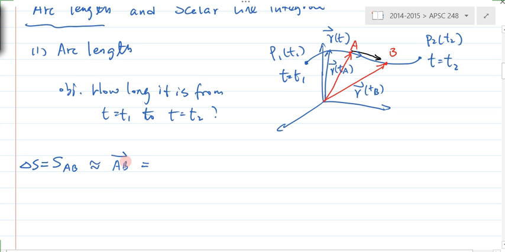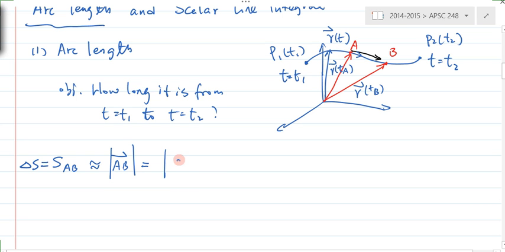So the question is, what is the vector AB? Sorry, it should be the absolute value, right? We're talking about the scalar quantity, not a vector. So what's the quantity for this one? Based on this diagram, vector AB is this vector subtract this vector.